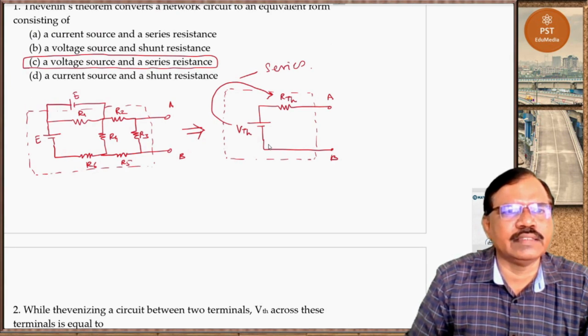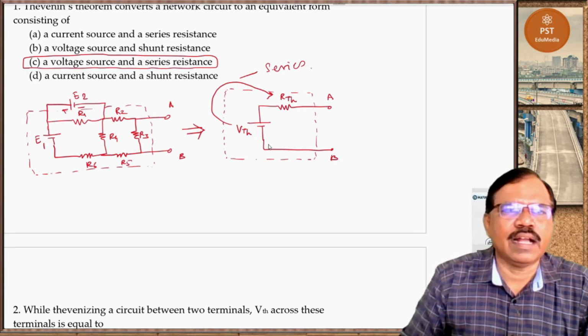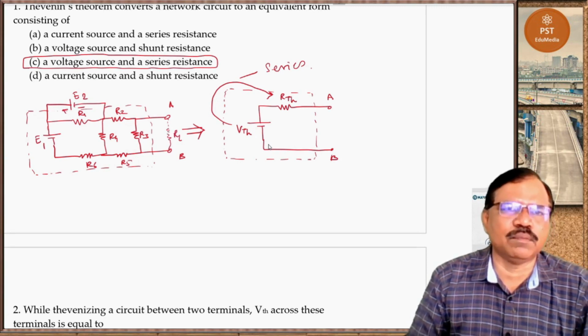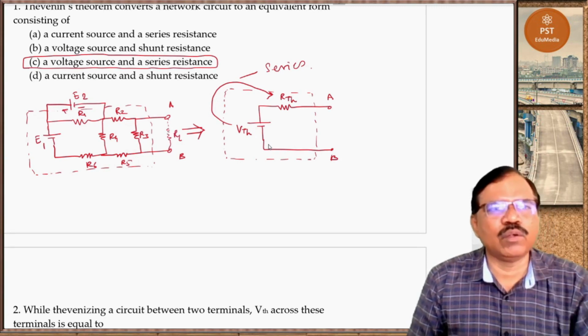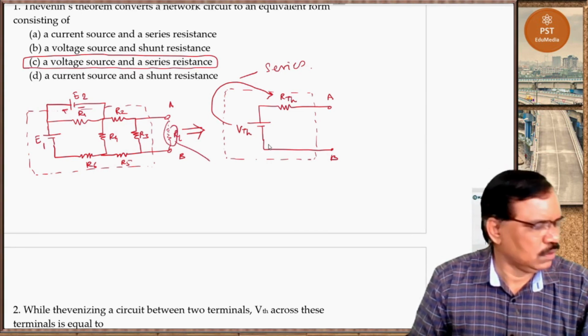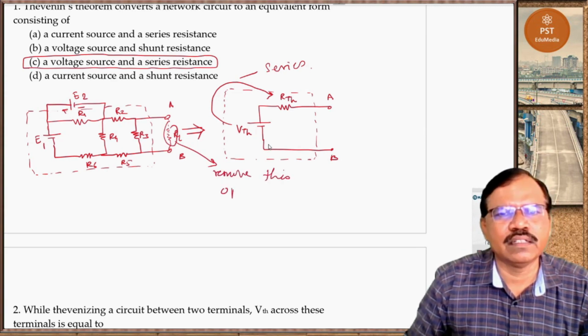So I can take this as E1, this as E2 plus minus, and across these two terminals, suppose we apply some load resistance. When we want to Thevenize this circuit, we remove this load resistance, and we make terminals open.